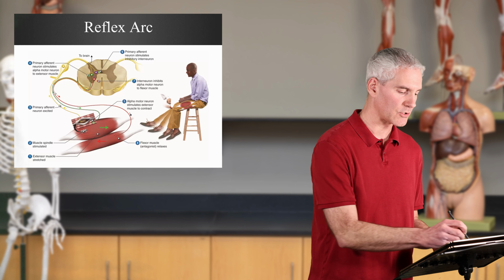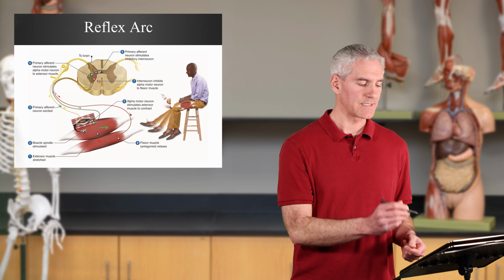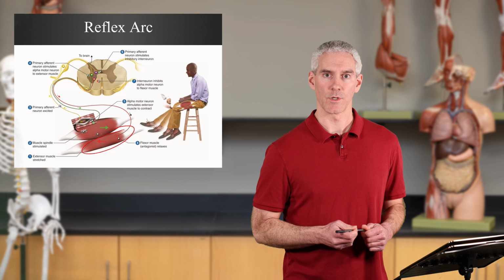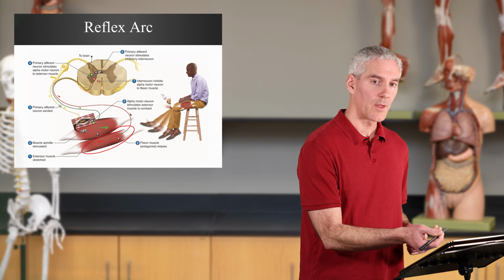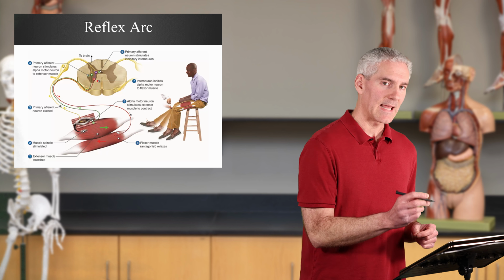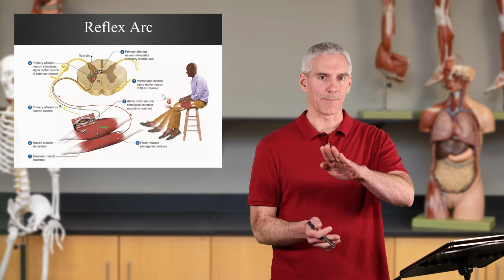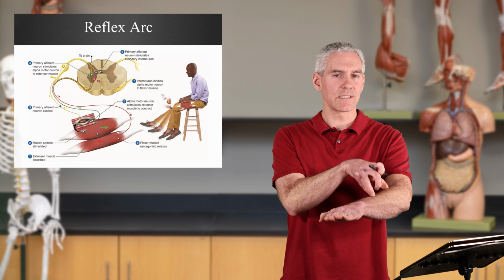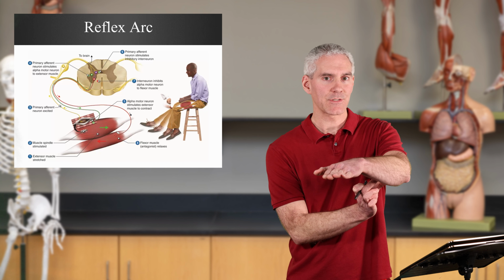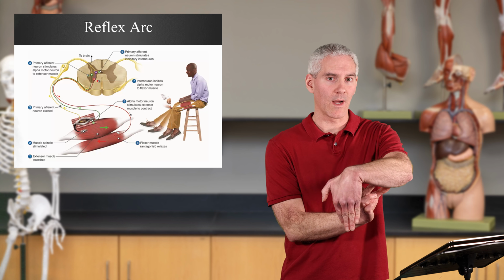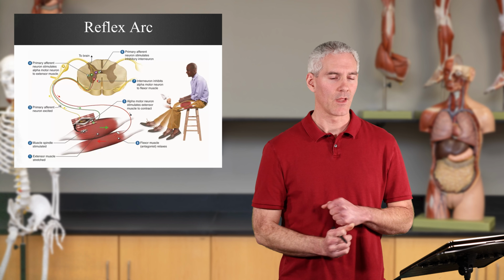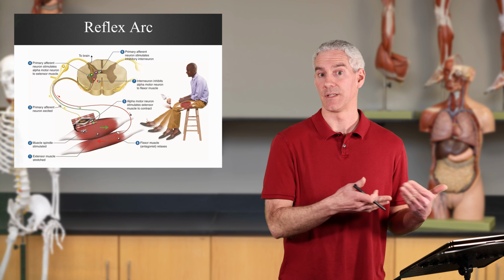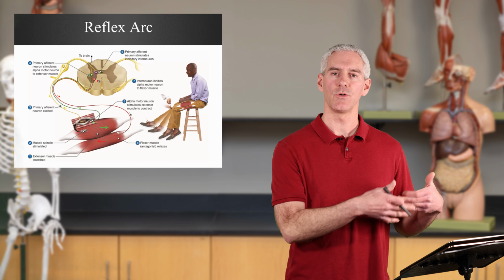That's going to contract. But we're going to send an inhibitory signal down here. That muscle is going to relax. Because think about it, if your leg goes up, the knee is going to basically extend. Quadriceps contract, hamstrings better relax. Otherwise, that leg's not going up. So you have to make sure you allow for the antagonist group, in this case, the hamstrings, to relax or be inhibited.